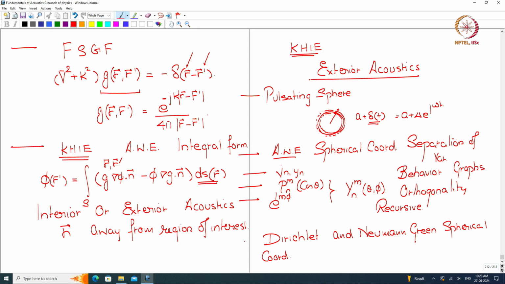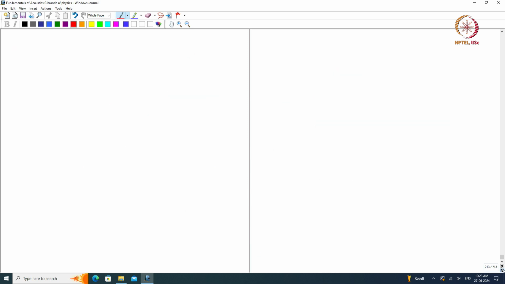Then we derived the Dirichlet-Neumann-Green functions for the interior and exterior acoustics. Following this, we started looking at exterior acoustics first, and we looked at the pulsating sphere.